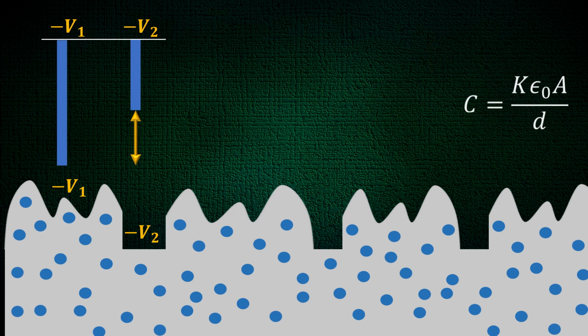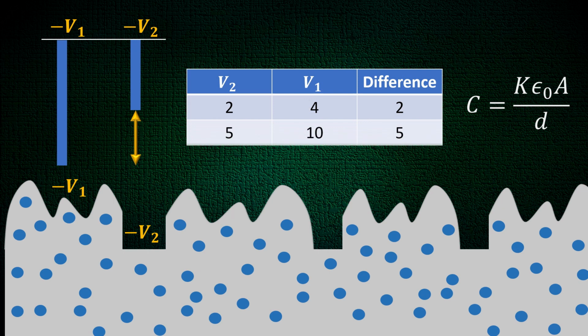For example, let's say without moisture the potentials were 2 and 4, for example. But when we added moisture, they became 5 and 10. So you can see in first case the difference is 2, but in the second case the difference is 5, although there is an increment in both.